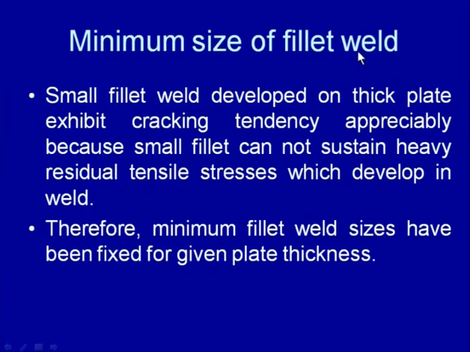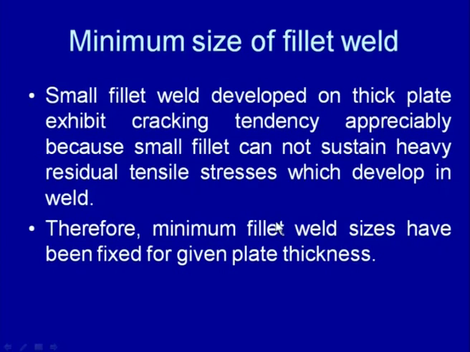So, the minimum size of the fillet weld, this is the reason which has been explained. A small fillet weld developed on a thick plate exhibits an appreciable cracking tendency, because the small fillet cannot sustain the heavy residual stresses which develop in the weld. Therefore, minimum fillet weld sizes have been fixed for a given plate thickness.